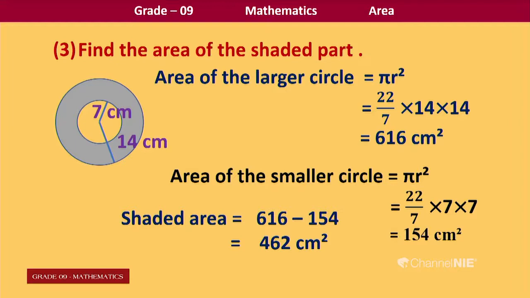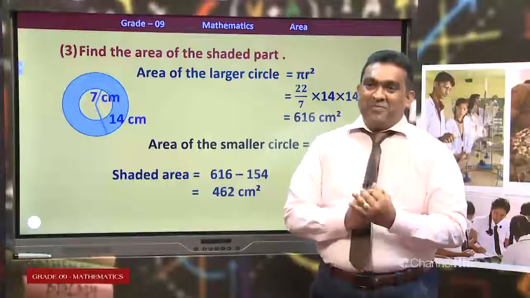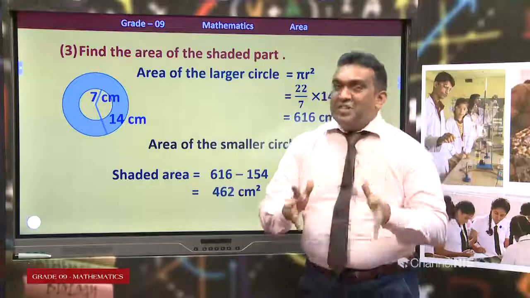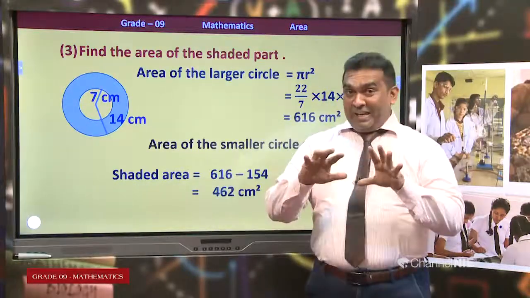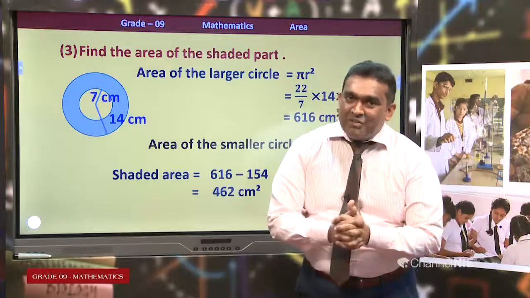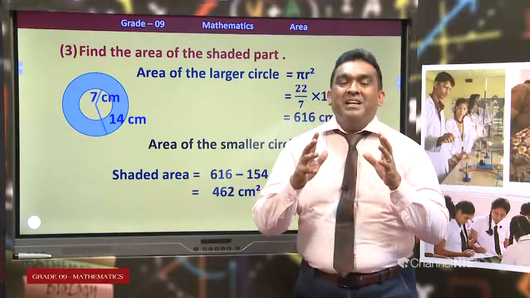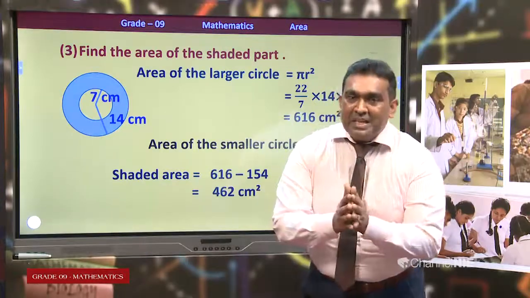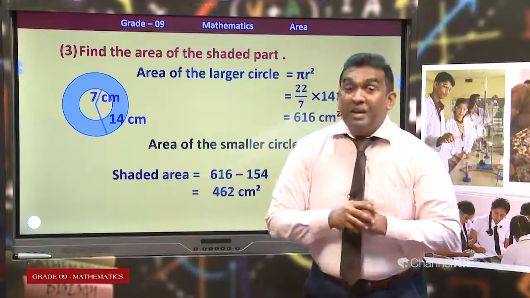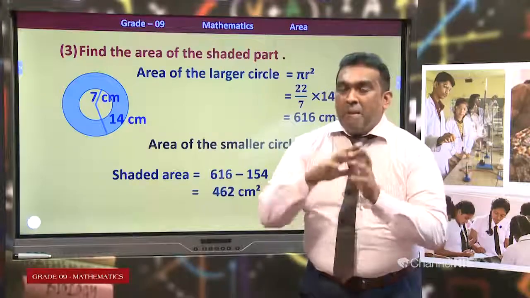Right? Now we completed the lesson on area. What is the definition of area? The space taken by a surface is area. We considered basic plane figures. First one, can you remember what is our first basic plane figure?